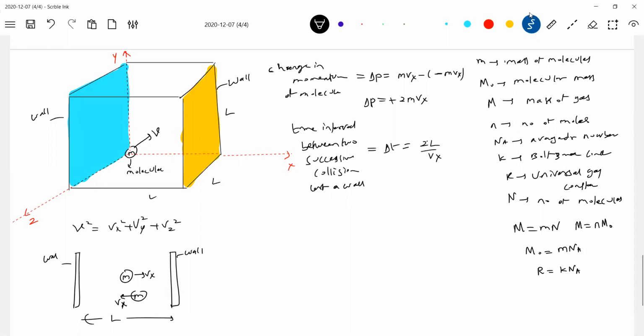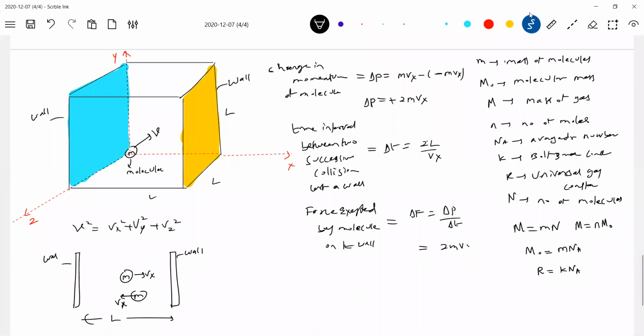So what is that delta t? So this one. Now, what is the force exerted by the molecule on the wall? Delta F should be equal to change in momentum by time interval.